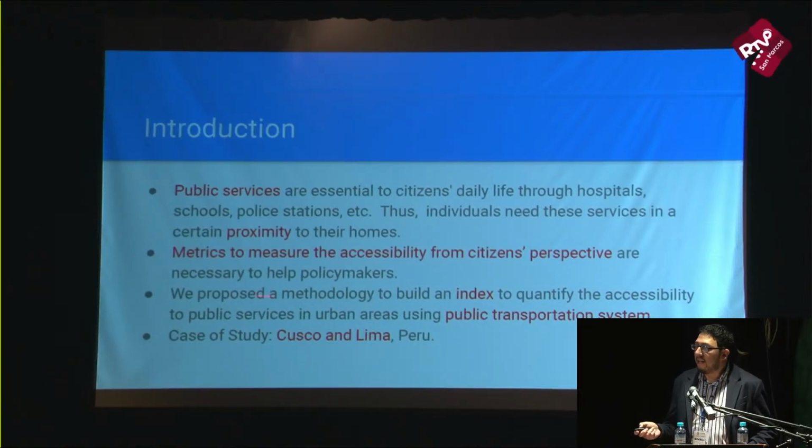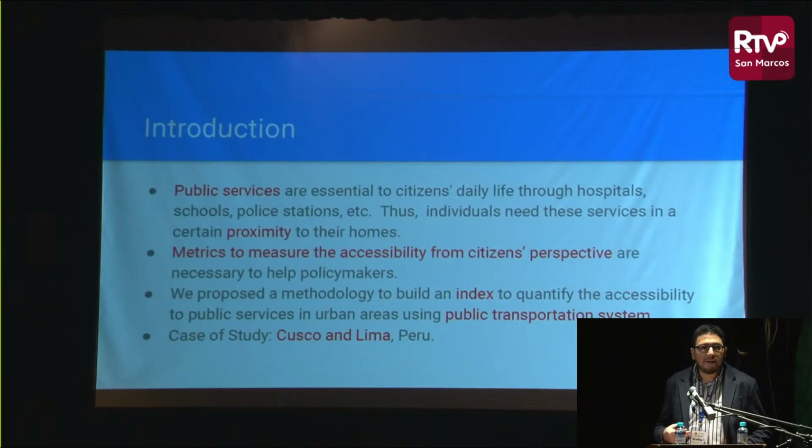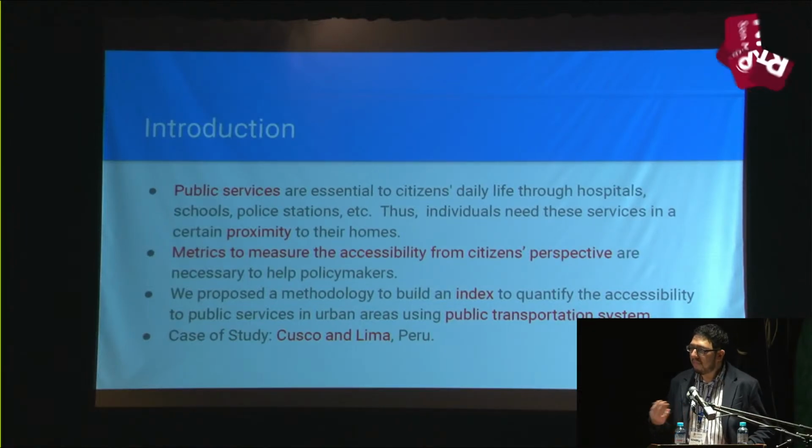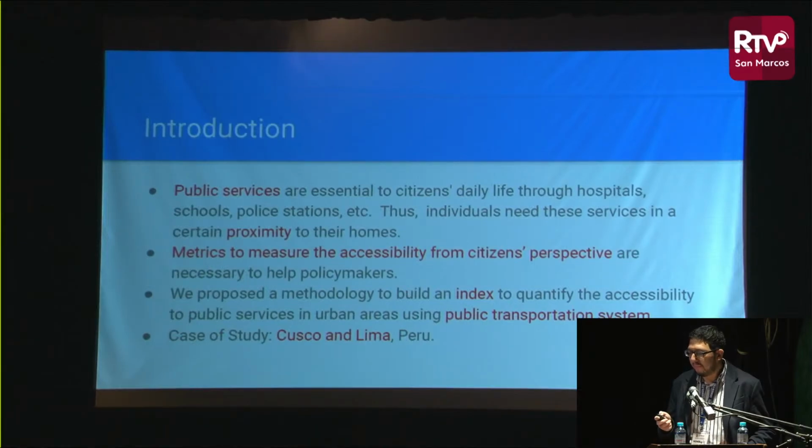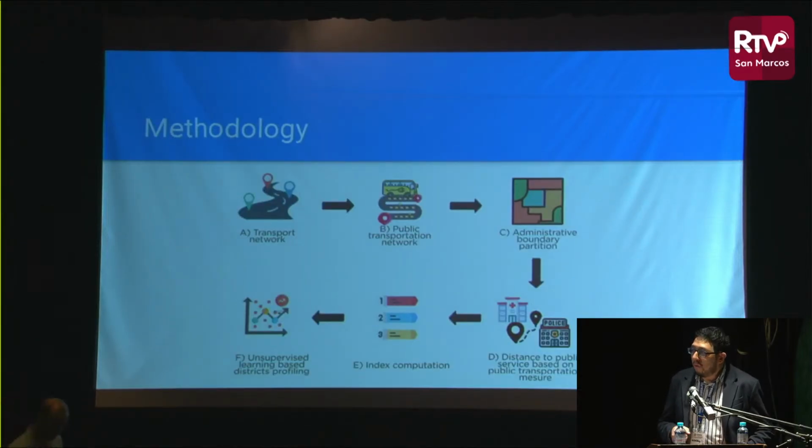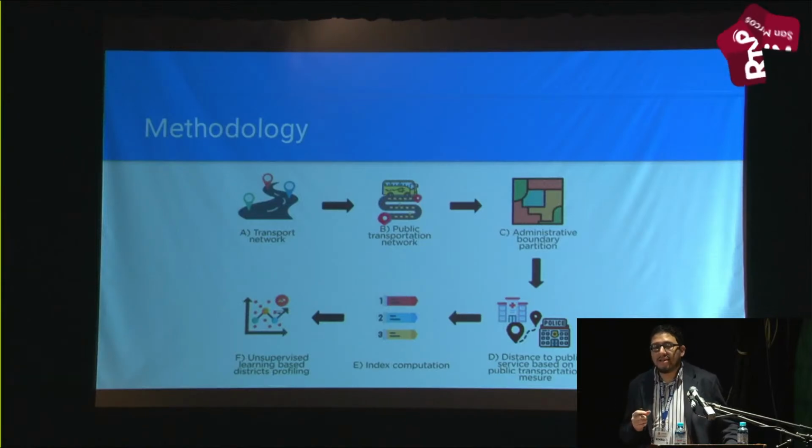And this time we rely on public transportation system because not all the citizens in a city or in an urban area have cars or vehicles to reach this kind of amenities. And we apply our methodology in 2 cities in Peru, one in Cusco and one in Lima. So our methodology is in 6 steps.